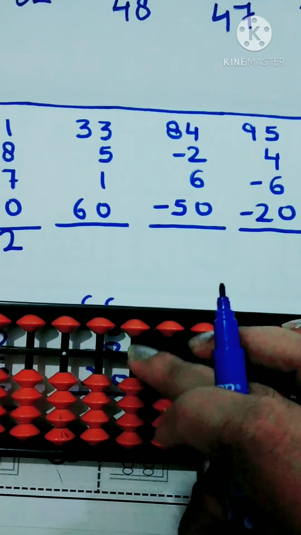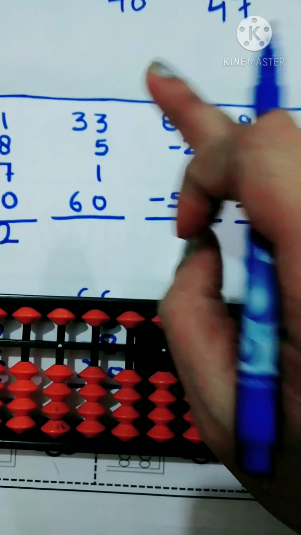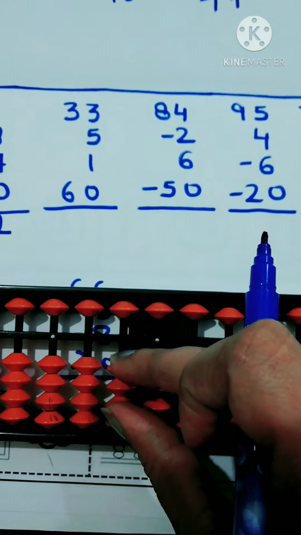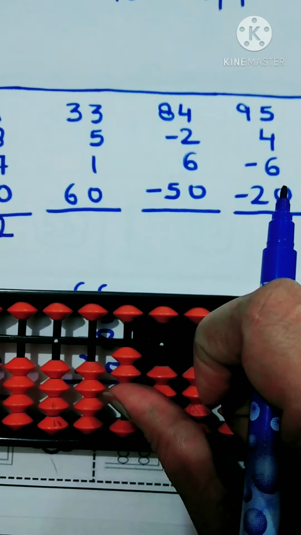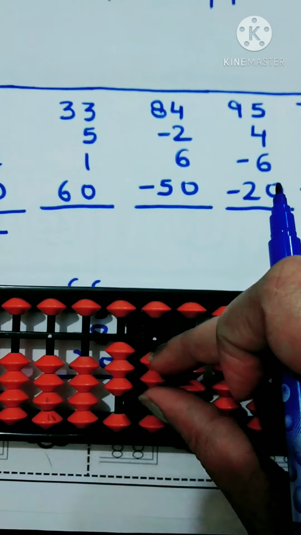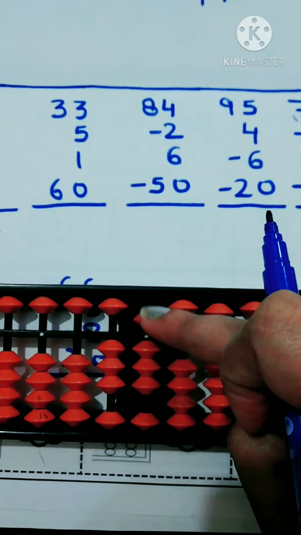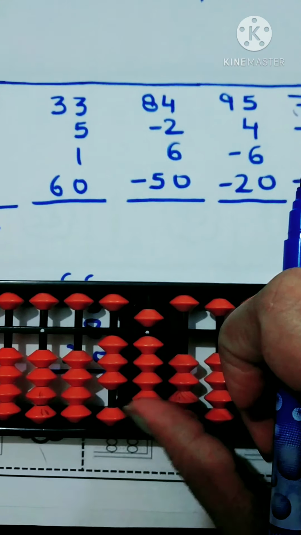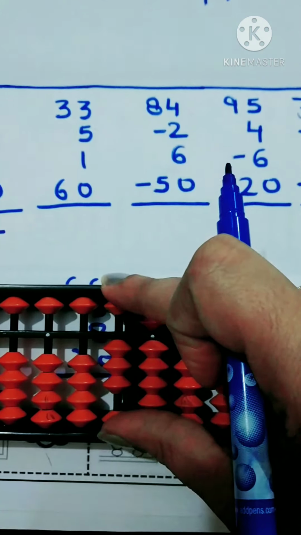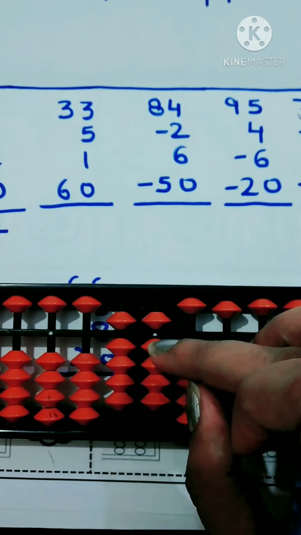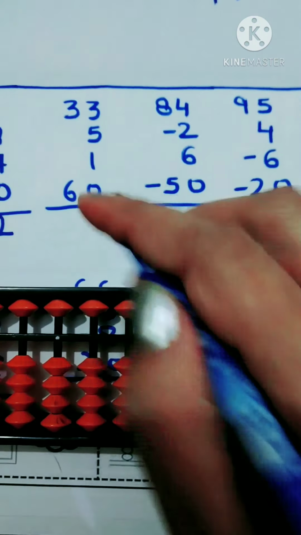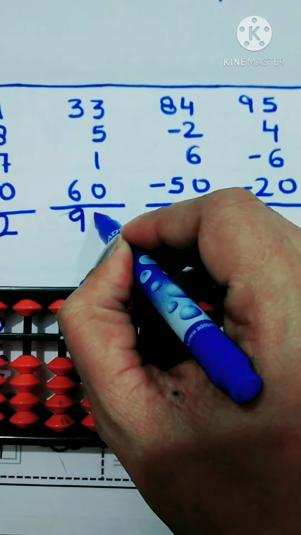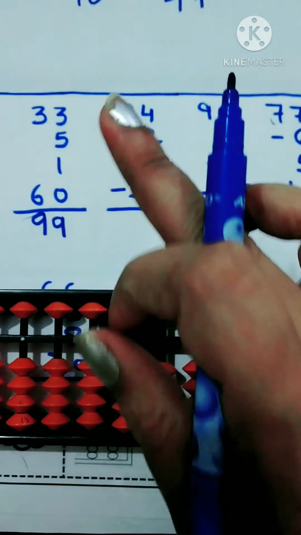Now the next sum, 33. 30 on my tens rod. I have to push the beads up and 3 on my ones rod. Then 5, 1 and 60. So my answer is 99. Next, 80.